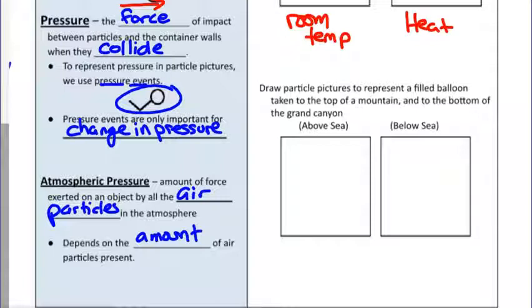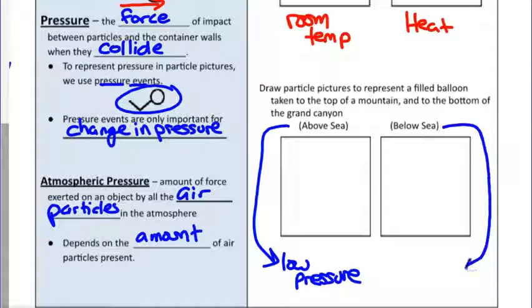All right, so the higher in altitude you go, the lower your atmospheric pressure, and the lower in altitude you go, below sea level, the greater your atmospheric pressure. So with this example over here to the right, if we are referring to something being above sea level, we're saying that this is low pressure. And if we're saying something is below sea level, we're saying that that is high pressure.